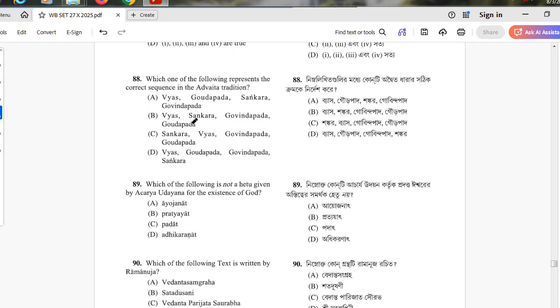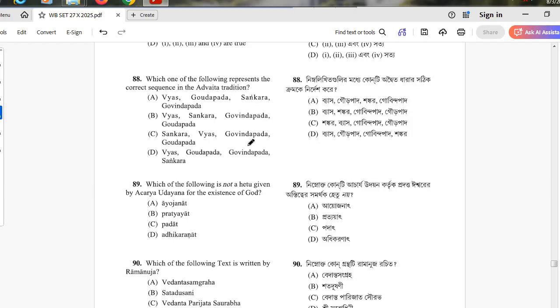Question 88: Which one of the following represents the correct sequence in Advaita Vedanta? Option A, Badarayana, Gaudapada, Shankara and Govindapada. Option B, Badarayana, Shankara, Govindapada, Gaudapada. Option C, Shankara, Badarayana, Govindapada, Gaudapada. Option D, Badarayana, Gaudapada, Govindapada and Shankara.